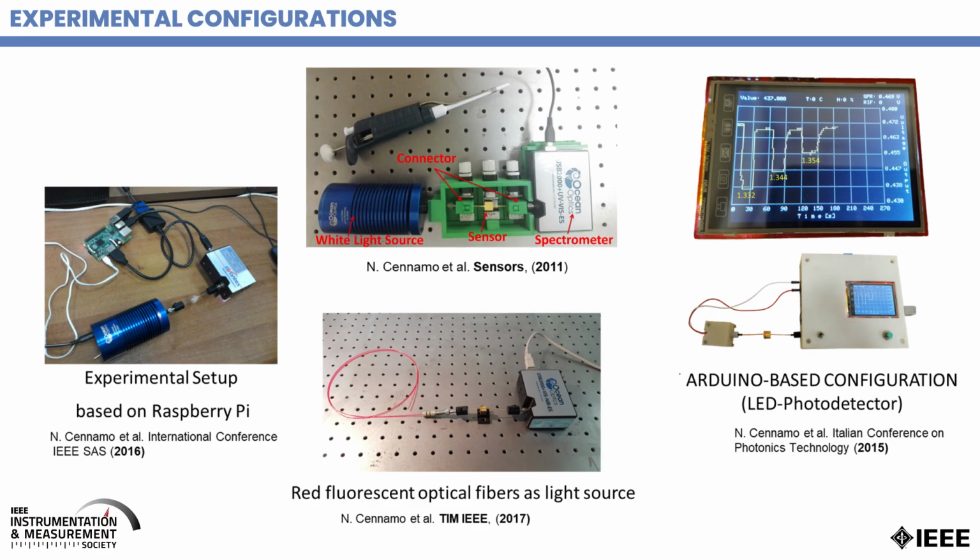This kind of optical probe can be monitored via several experimental configurations, which are here reported as possible examples. For instance, there are some experimental setups based on the use of Raspberry Pi or Arduino boards, or in a more common way, the experimental configuration based on a white light source and spectrometers.